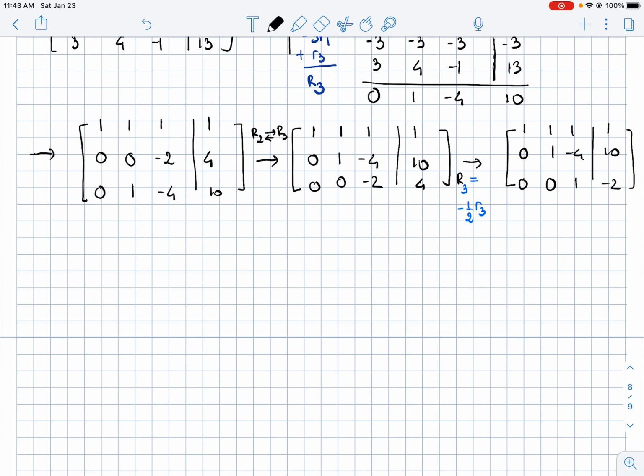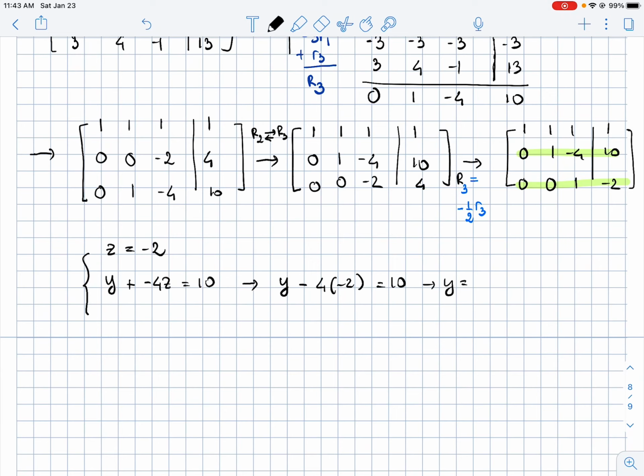Now we will begin from the third row first. That is in echelon form already. So this means z equals negative 2. And then you go to the second row. This means y plus negative 4z equals 10. So we plug in negative 2 for z.